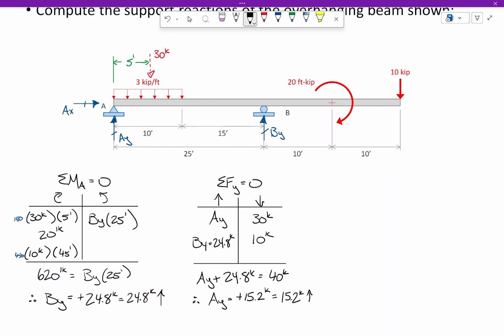Okay. So I did it this way because, let's be clear, we do still have one more equation of equilibrium, okay? And that is summing forces in the x direction. If I sum forces in the x direction, what is AX? Zero. It's 0. Do I account for this 20-foot kip moment when I'm summing forces in the x direction?